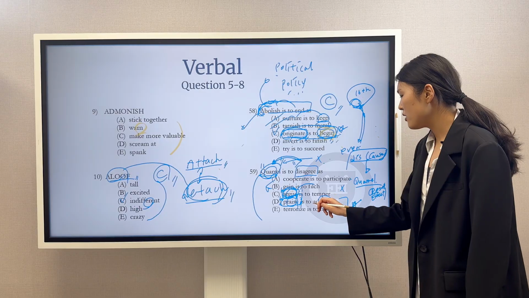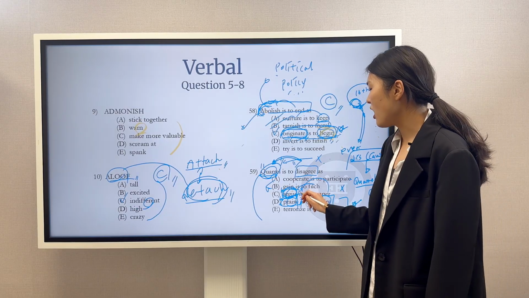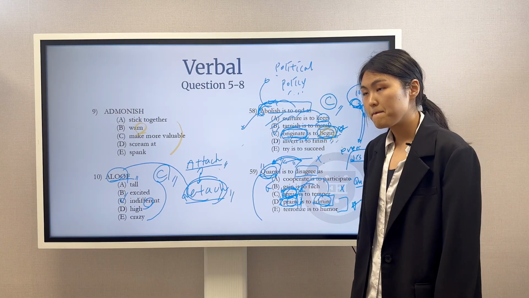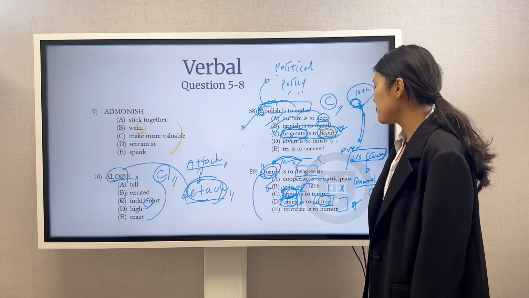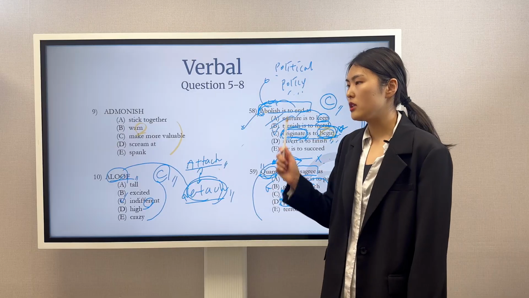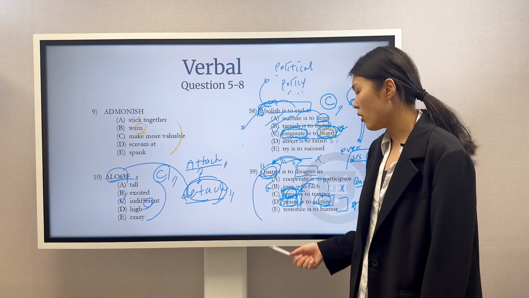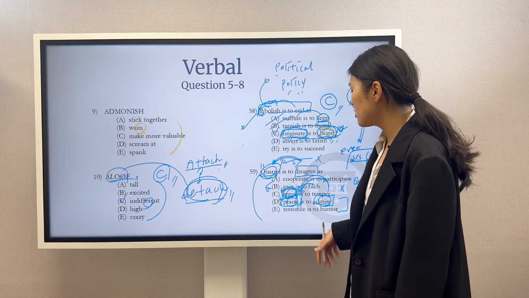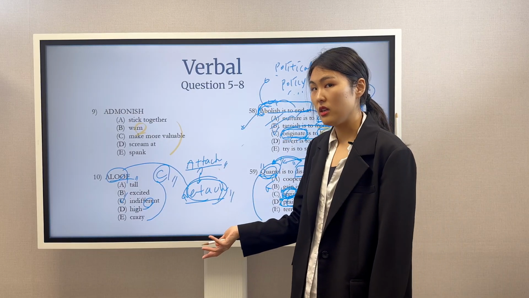So can we say admire is a cause of praise? Well, I think that's possible, because if you admire someone, that means you really love what he or she has done. So that often causes you to praise, right?